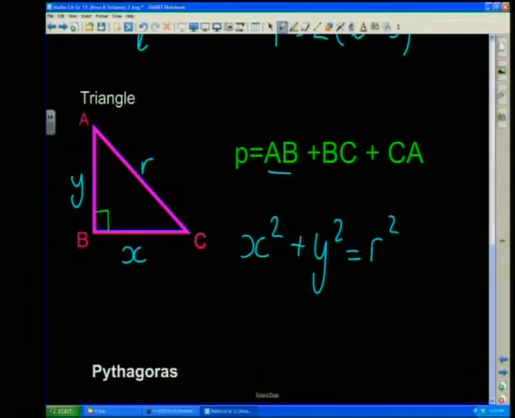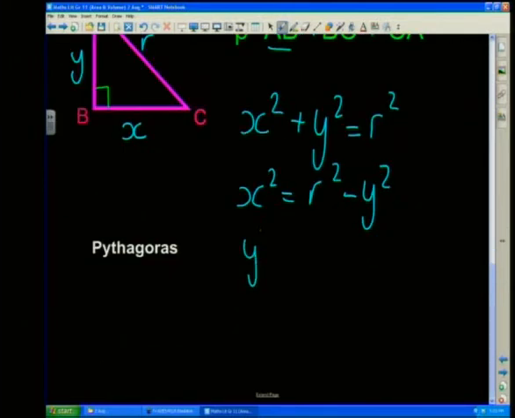If we've been given r and we're trying to work out one of the others, then x squared is equal to r squared minus y squared, or y squared is equal to r squared minus x squared.